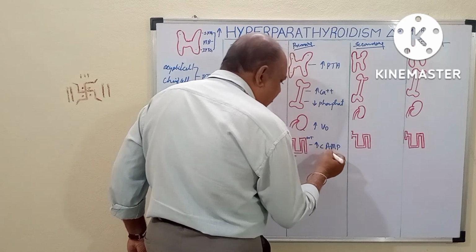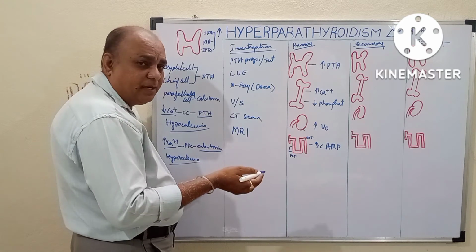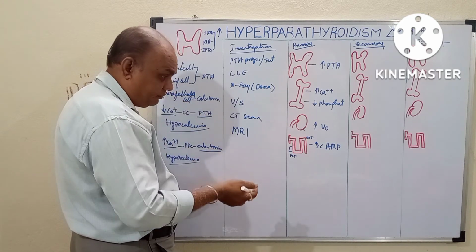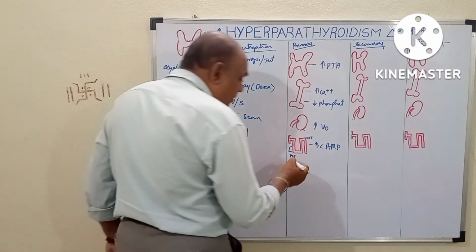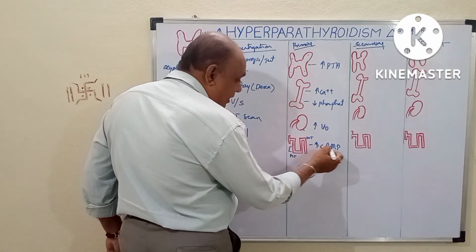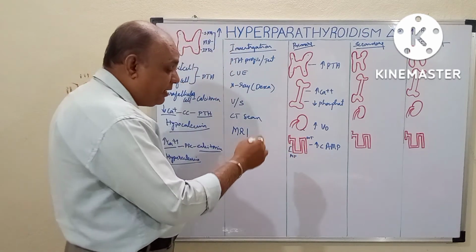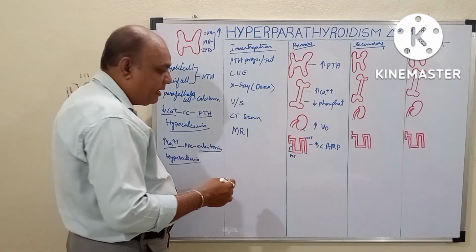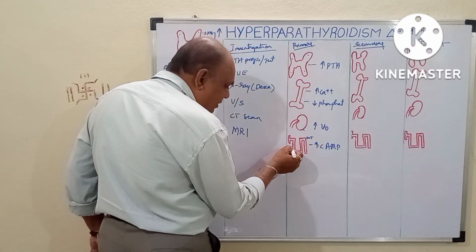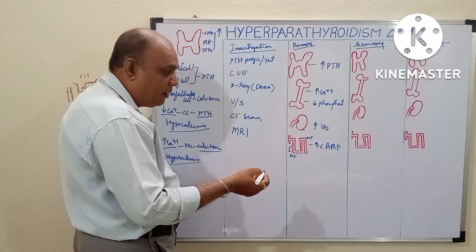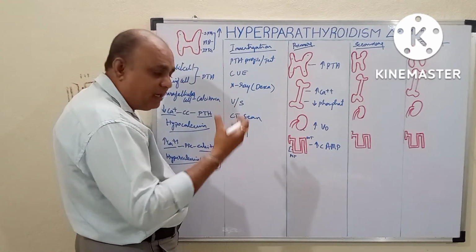It is cyclic adenosine monophosphate. So what is the main function of this cyclic AMP? It reabsorbs the phosphate and sodium back into the circulation. But because the levels have increased, it will block the channel. When the channel has been blocked, the phosphate reabsorption will be reduced.